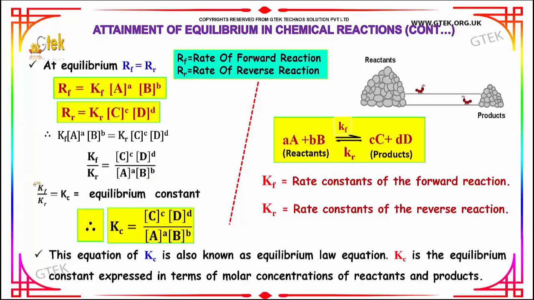So Kc, the equilibrium constant, is equal to the forward rate constant divided by the reverse rate constant. So Kc = [C]^c [D]^d / ([A]^a [B]^b). This equation of Kc is also known as the equilibrium law equation. Kc is the equilibrium constant expressed in terms of molar concentrations of reactants and products.